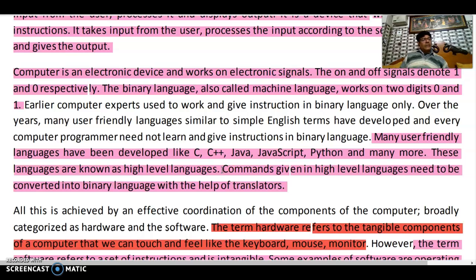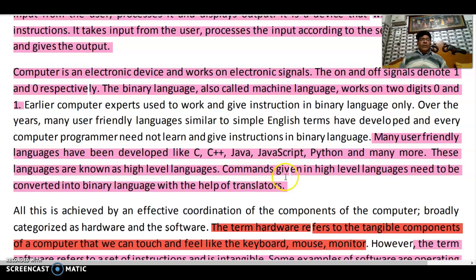In C++, cin is used for input and cout is used for printing. So all these are English alphabets with a little bit of meaning in English so that we can understand it. Cin means console input, cout means console output, print means do printing, input means take input from the user. So this type of user friendly commands we generally use in a high level language.